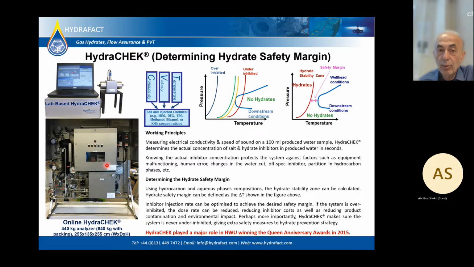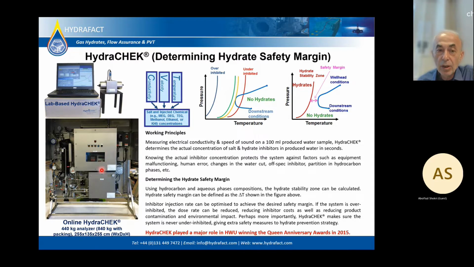It can take a sample at high pressure, 250 bar, and then reduce the pressure to atmospheric, increase the temperature to get rid of all emulsion, and then decrease the temperature to within 15 to 25, and then measure conductivity, velocity, and amount of inhibitor.